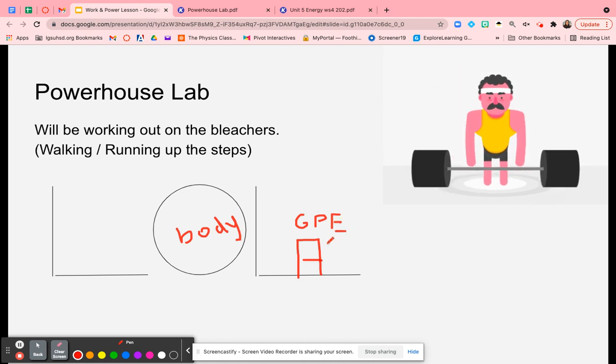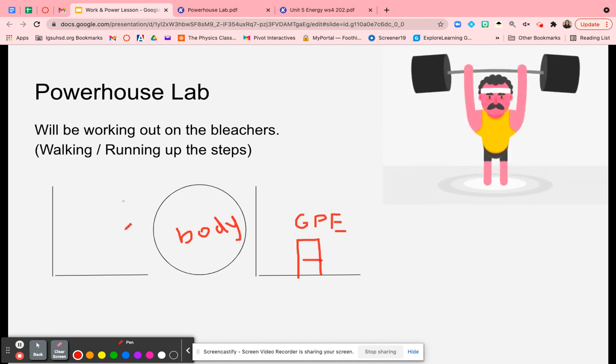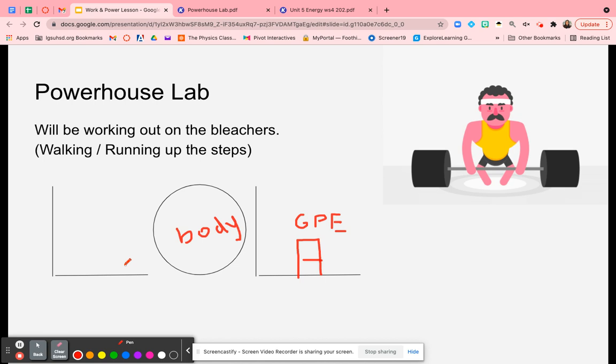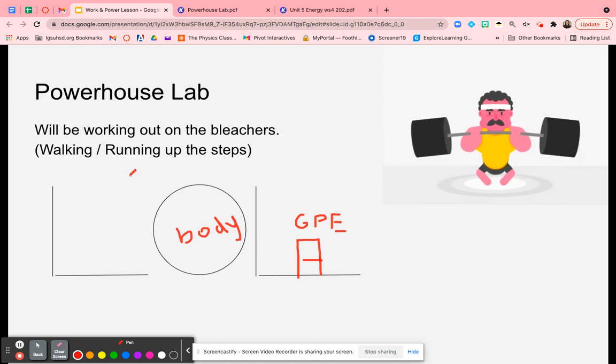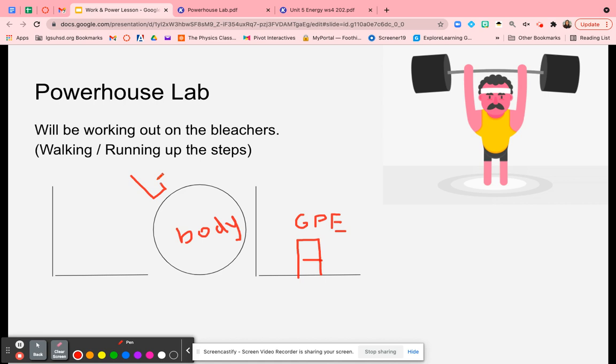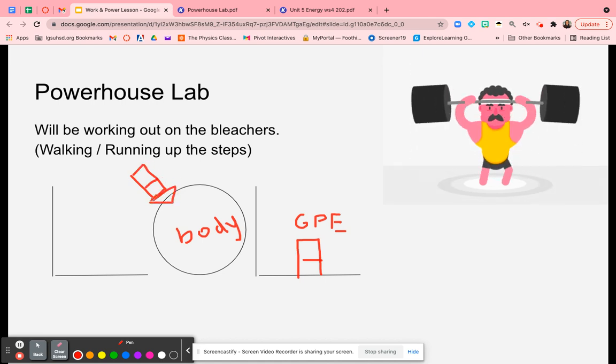How did you get there? You got there by using energy from your body. Now, generally, we would put chemical energy in our diagram, in our bar chart, but from this point on, I want you to think of any sort of chemical energy as energy being put into the system. And you want to make sure that your system is balanced.